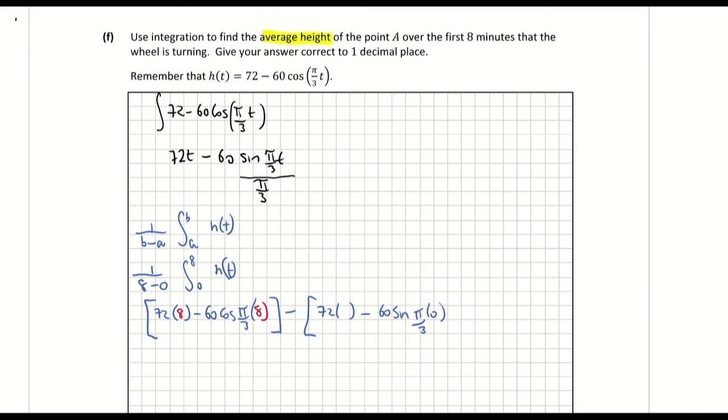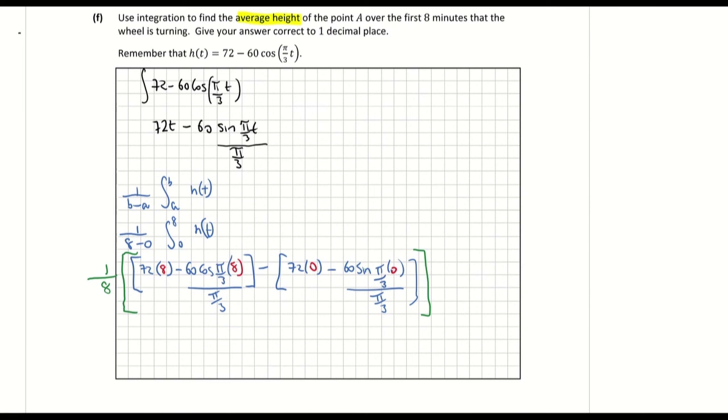And I forgot, actually, this is all over pi over 3. So I'm subbing in 0 this time for t. And don't forget, I need to multiply all of that by my average value. So to the front of this, so let me just change the color of the brackets here. So all of this needs to be multiplied by 1 over 8 minus 0, which is 1/8.